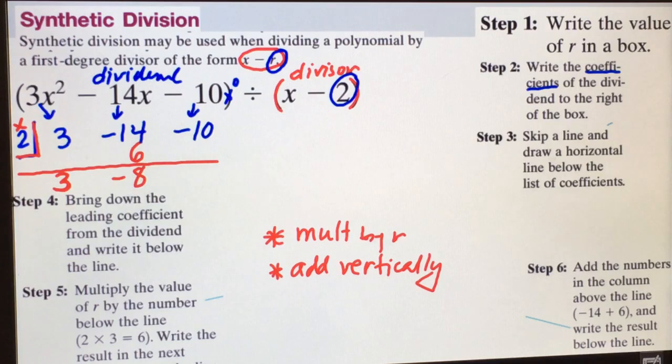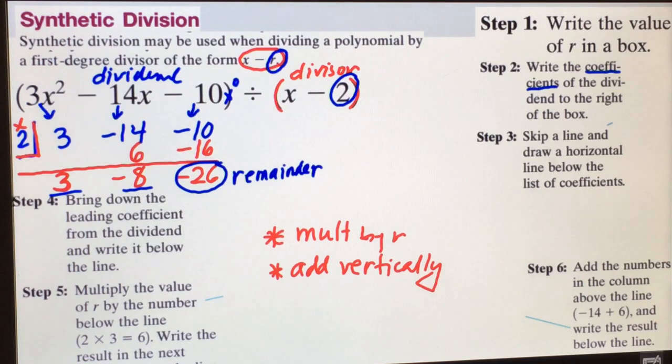Again, I repeat, multiplying negative 8 by 2, and I write negative 16 here. And then I add negative 26. Are these numbers familiar? Okay, from your long division earlier, these are actually the coefficients of your quotient. The last number here is going to be your remainder, and these are the coefficients of your quotient.